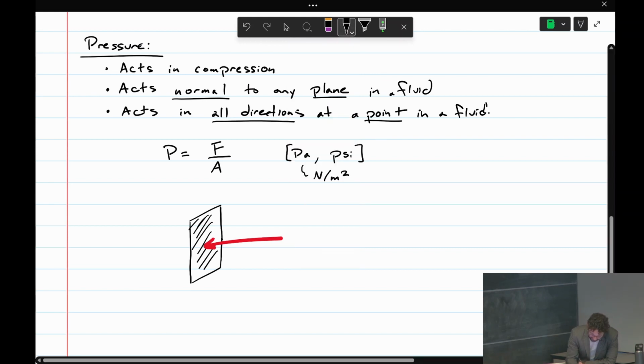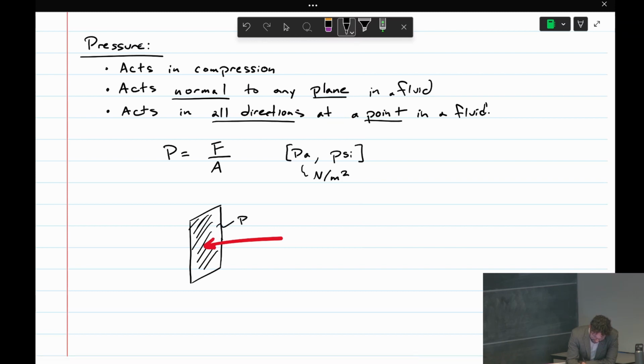The pressure on this plane is P, and the area of this plane is A. That produces the force F here. And force is a vector, right? So it has direction. The direction of the force is given by the normal vector of that plane. We know pressure acts normal to any surface, so you can get the direction from the normal vector of the surface.